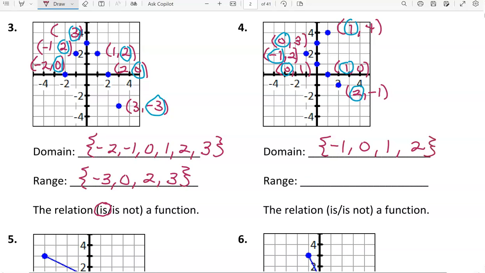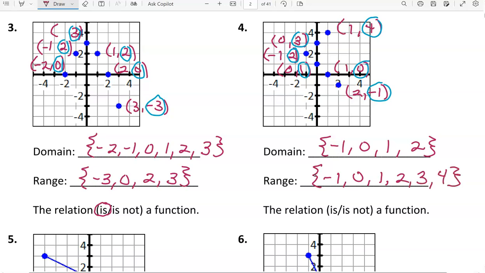The set of all y values listed from least to greatest is -1, 0, 1, 2, 3, and 4. This relation is not a function because, for instance, the x value of 1 corresponds to more than one y value. X equals 1 corresponds to 0 and 4 as y values.